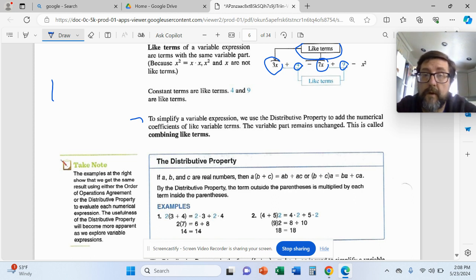That makes sense. And just the numbers can always be combined because they haven't got anything with them. They're called constants. So the variable part remains unchanged. This is called combining like terms. I went over this a whole bunch in high school.